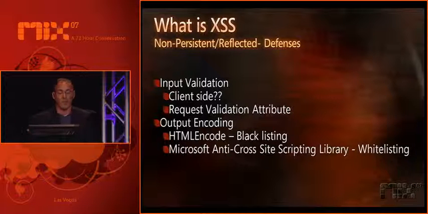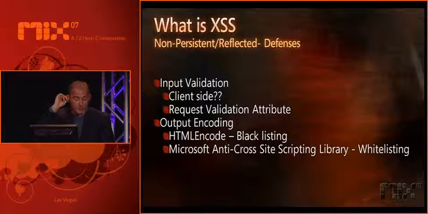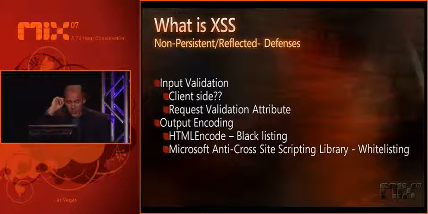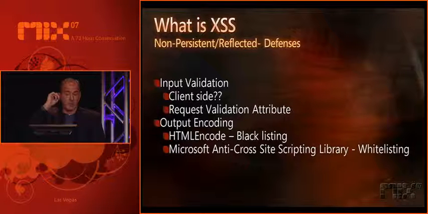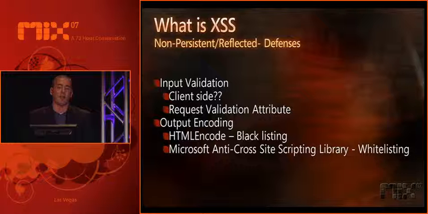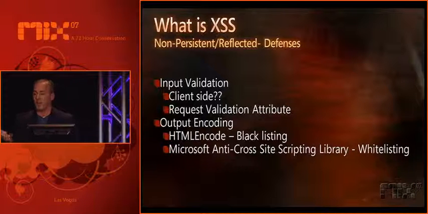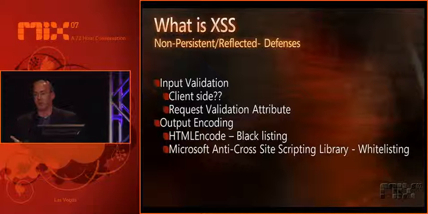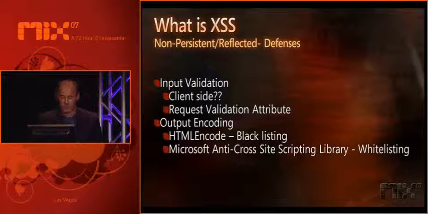In .NET anyway, you can use basic HTML encoding, which uses kind of a blacklisting approach that we just talked about. But there's also, up on the Microsoft site, a Microsoft anti-cross-site scripting library that's specifically designed to help you with this. We're not going to dive too deep into it, but that uses more of a whitelisting approach. It's much more restrictive. But these are a couple ways that you can protect from this type of cross-site scripting.